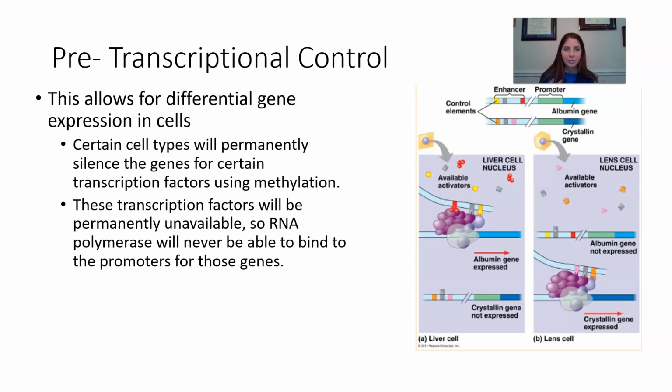Pre-transcriptional control allows for differential gene expression in cells. Certain cell types will permanently downregulate or silence genes for certain transcription factors, using that process I just talked about, methylation. By methylating it, it remains in that heterochromatin state where the DNA is tightly wound around those histone proteins. These transcription factors will be permanently unavailable, so RNA polymerase will never be able to bind to the promoters of those genes.